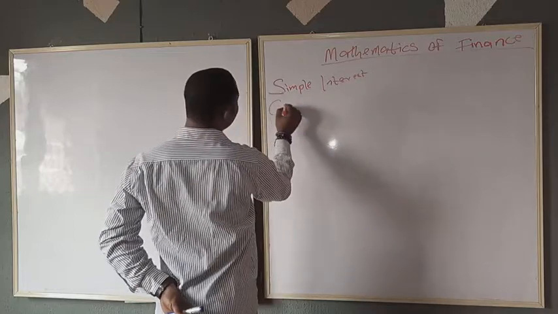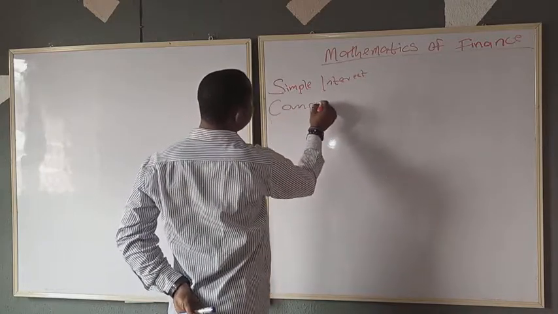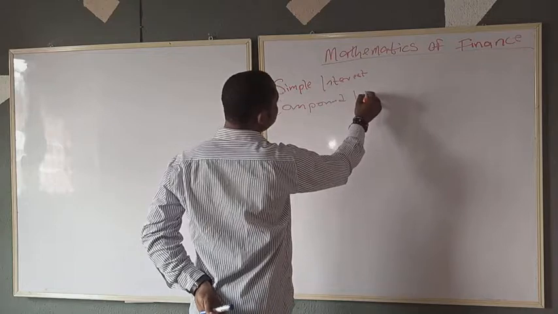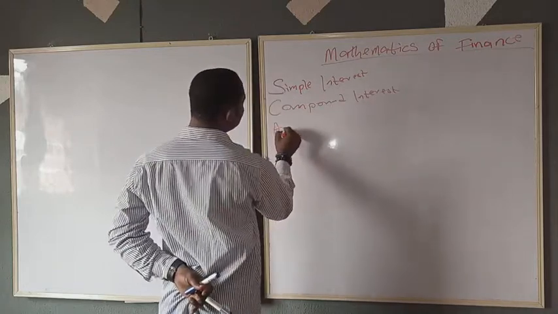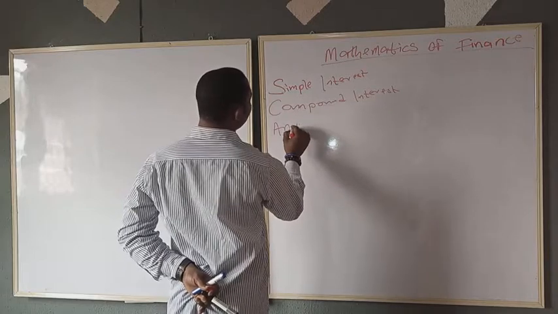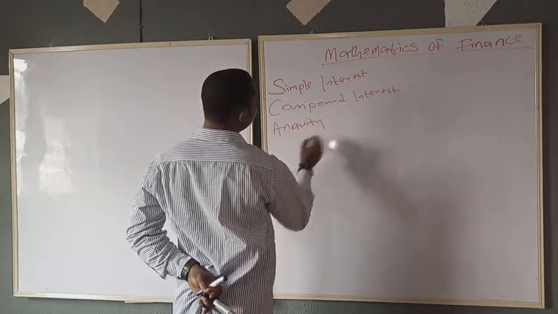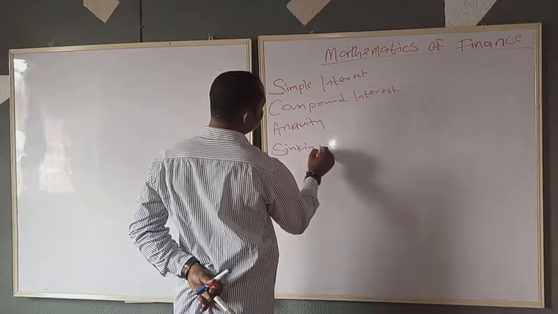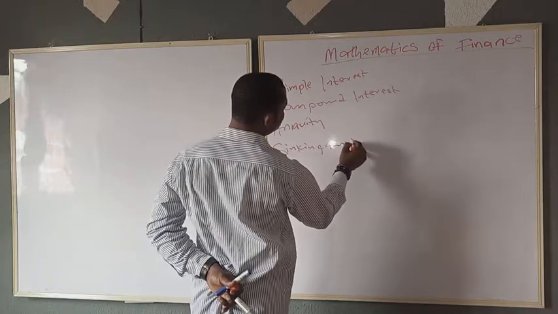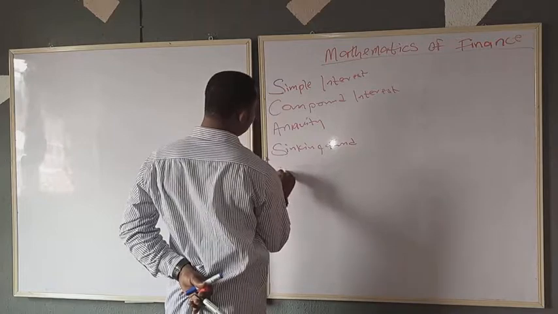Then, under mathematics of finance, we have simple interest, we have compound interest, we have annuity, we have sinking fund, and we have amortization.